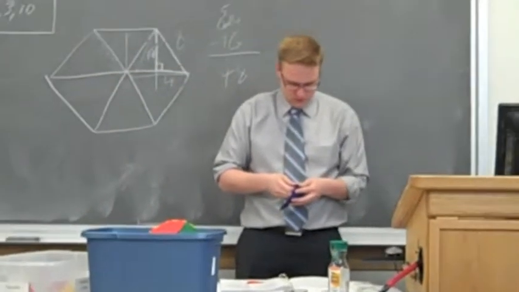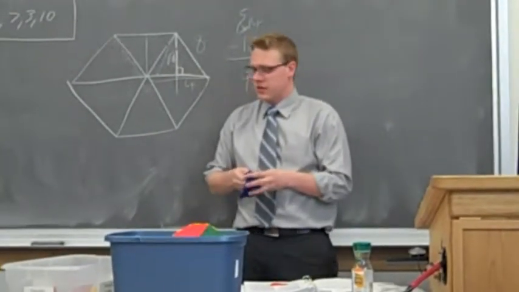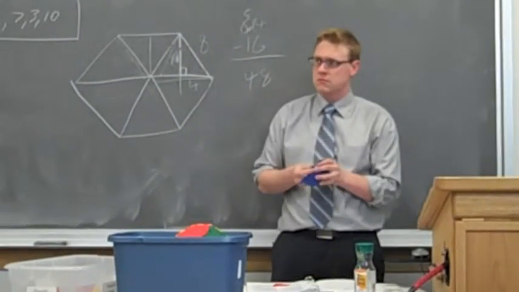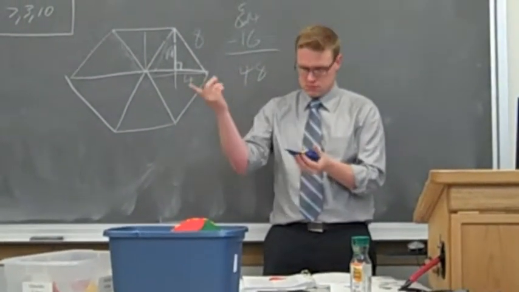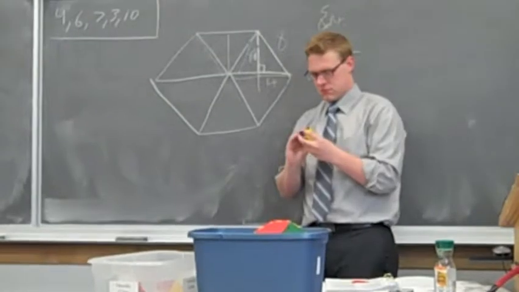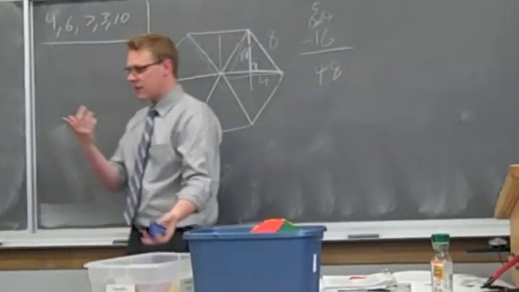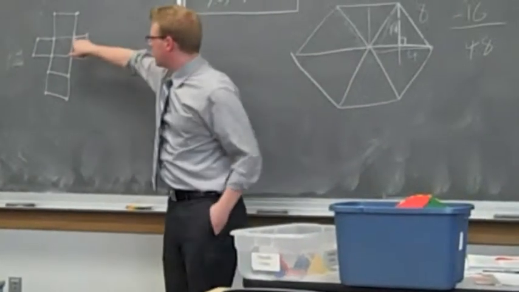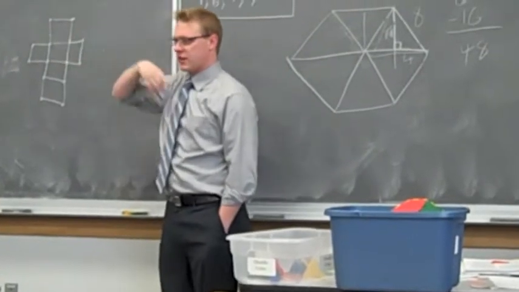What is a vertex in the three-dimensional image? It's the corner. It's where they all meet together. Exactly right.